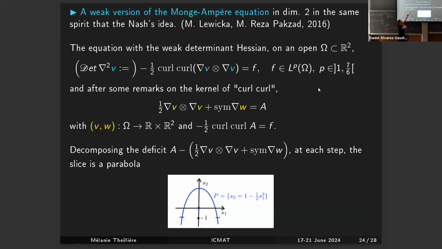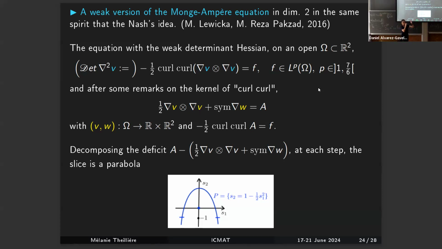They also modify the constraint to something else, so now the data becomes a big A, and they are looking for a couple of functions, v and w. They use the same idea as Nash. They can't reach the data A in one step, but they can approach it step by step with an error and control the error at the end.